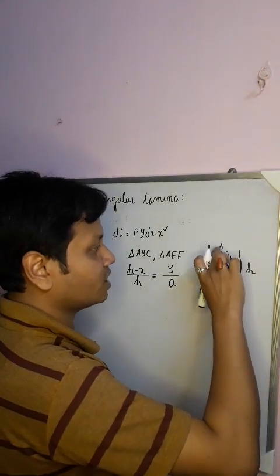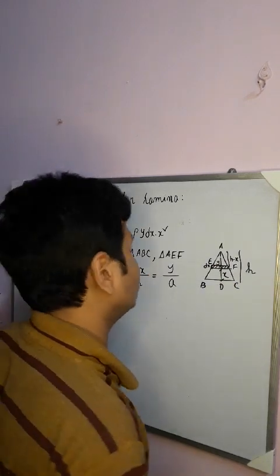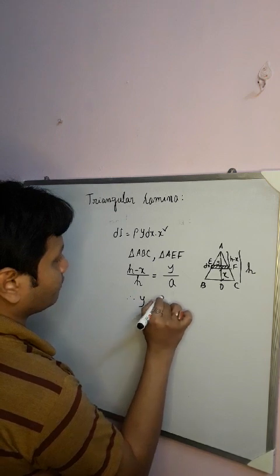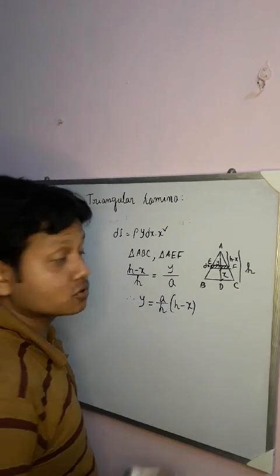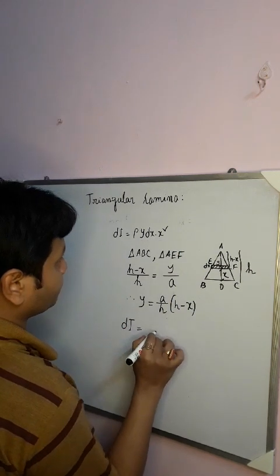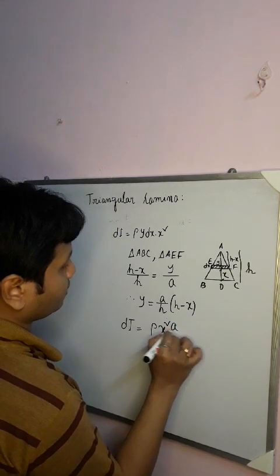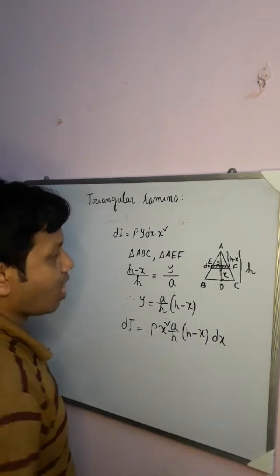This small thing by total and this small thing by total, from triangles ABC and AEF. So what will be my y? y equals a by h into h minus x. We substitute this value of y, so what will be my dI? dI equals rho x square a by h into h minus x into dx.